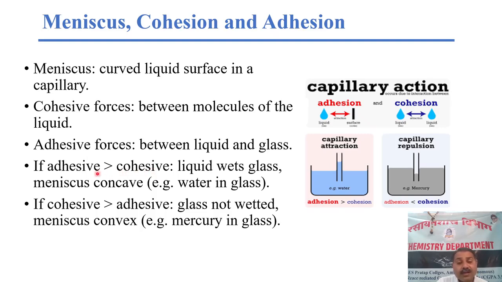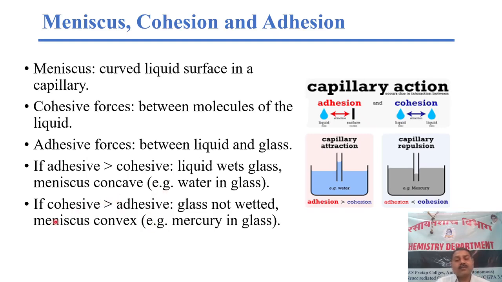The liquid molecules rise along the glass, meaning they get attracted toward the glass, and therefore the liquid wets the glass and the meniscus becomes concave. That is water. If we take water in the capillary, we will observe a concave meniscus, because the adhesive force is greater than the cohesive force.